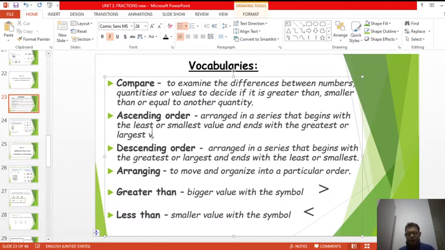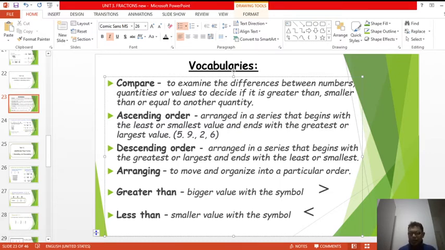A simple explanation is like if you were arranging numbers. This is just an example. Let's say I ask you to arrange in ascending order 5, 9, 2, 6.